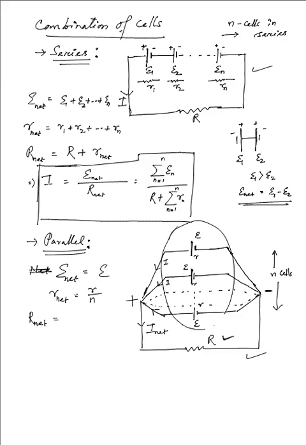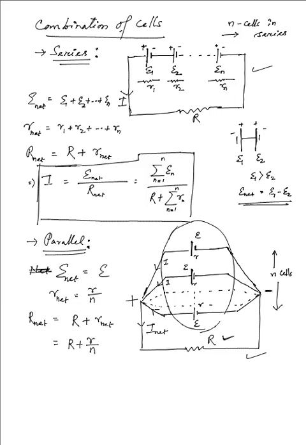This parallel configuration is in series with the external resistance, so that is R plus R net, for series combination, that is R plus r by n.